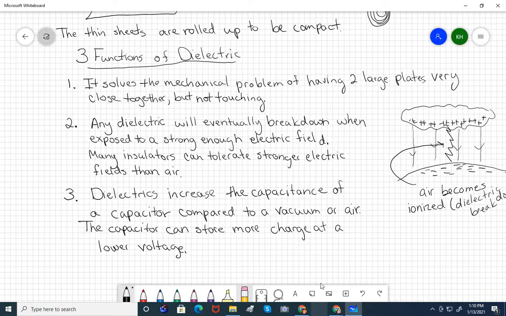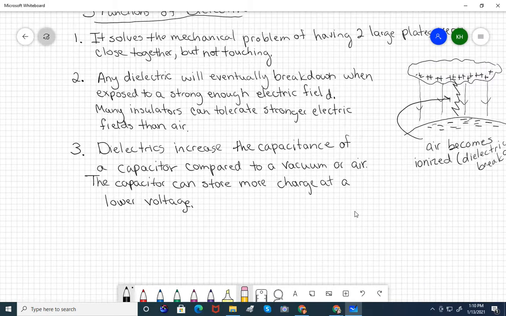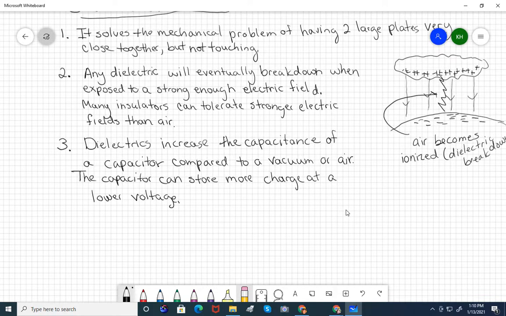How much more charge it can store depends on what type of material you use as a dielectric. So dielectric materials are rated by something called a dielectric constant. The dielectric constant, we use a special symbol, a capital K, good for constant, is simply the ratio of the capacitance with the dielectric compared to the capacitance in a vacuum.